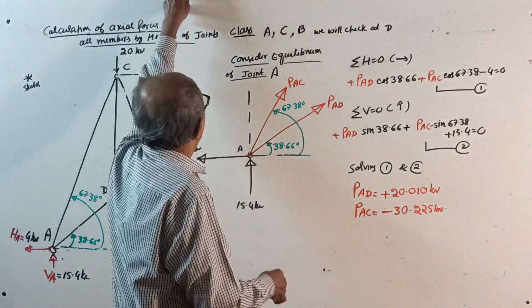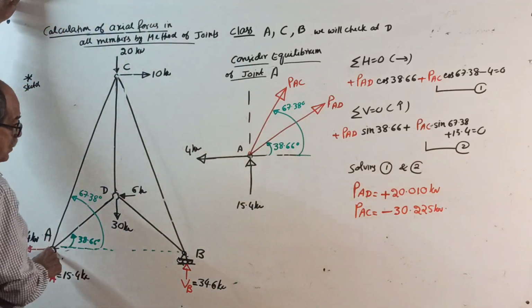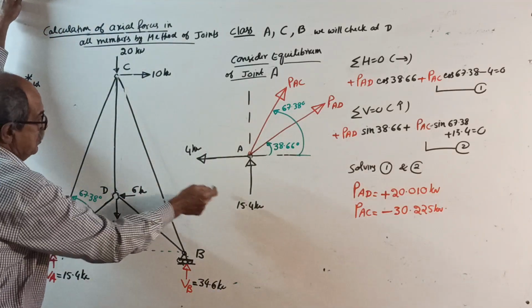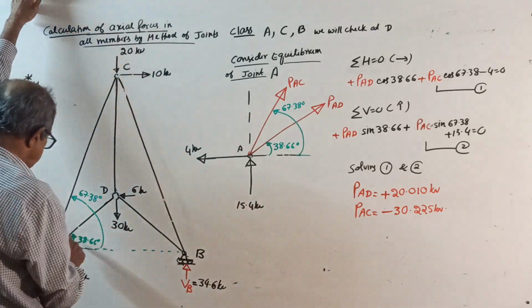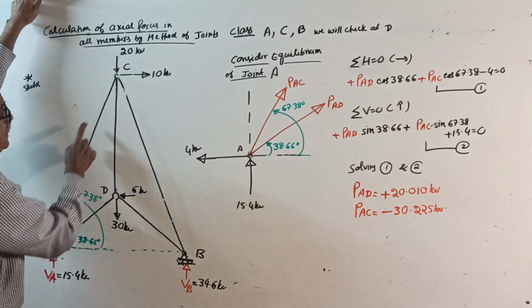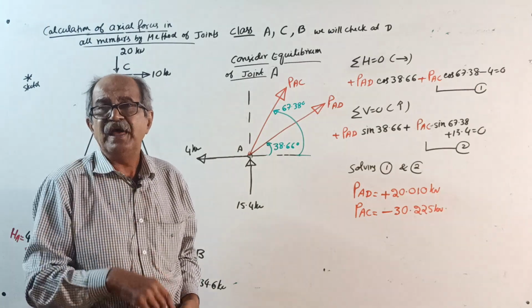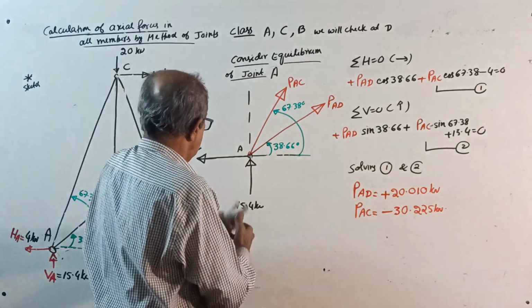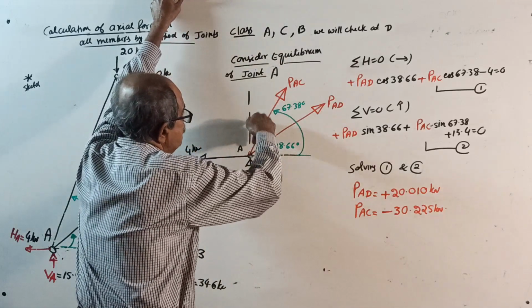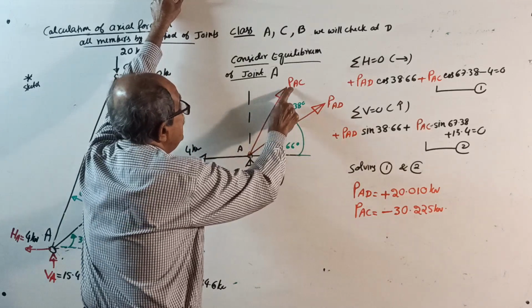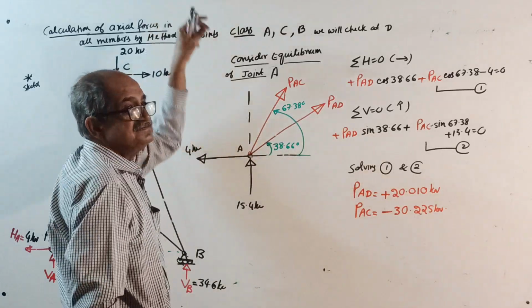Okay. Consider equilibrium of joint A. See here, joint A. Up by 15.4, left by 4. Two member forces are there. This is PAD, this is PAC. Actually I know the direction. This is wrong, PAC is wrong. PAD is correct.